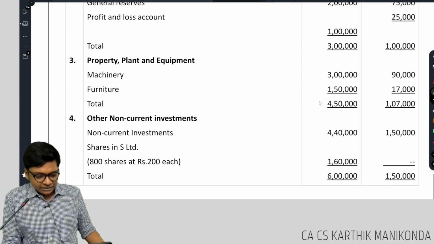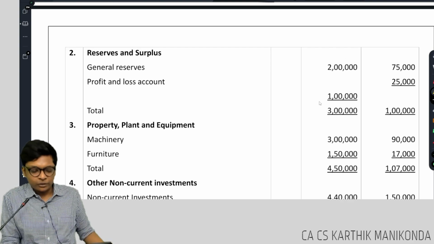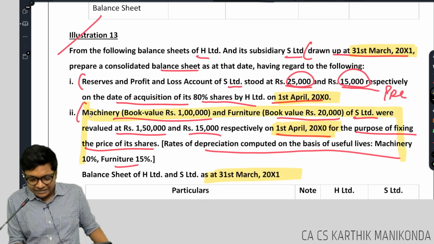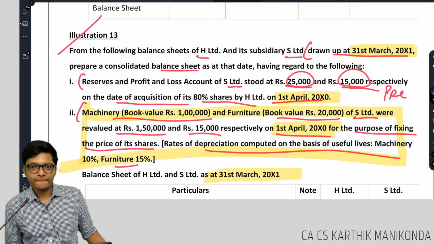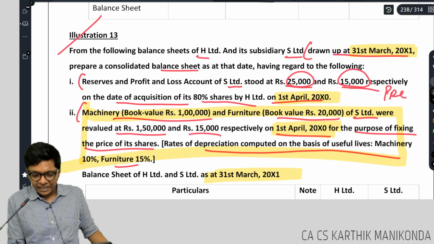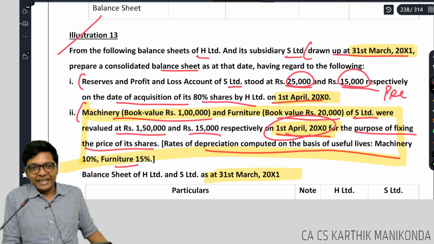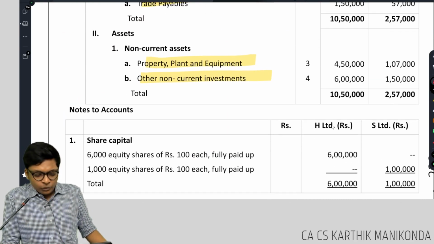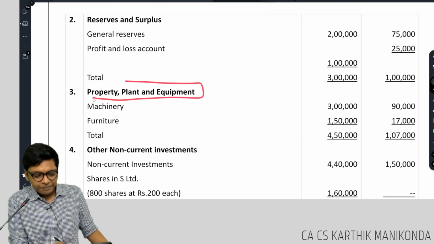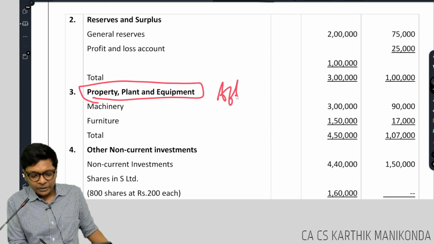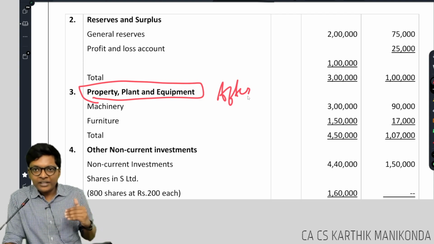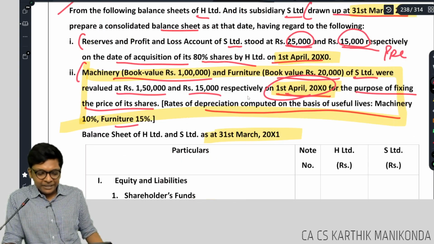Now my question is, before the solution starts, which we are going to do together anyway: why have they suddenly given this adjustment out of nowhere? Revaluation. This revaluation is happening on 1st April 2020. Is the revaluation accounted in the balance sheet? Is this PPE after revaluation or before revaluation? Let's see.